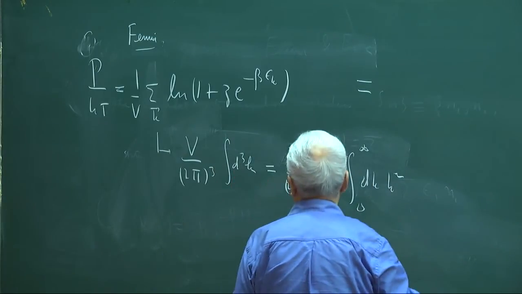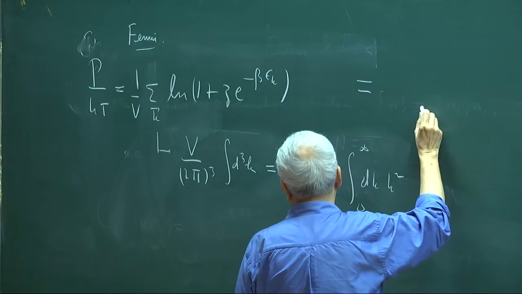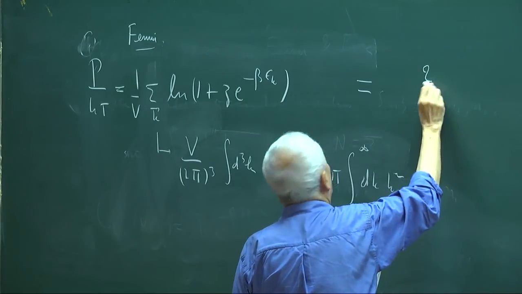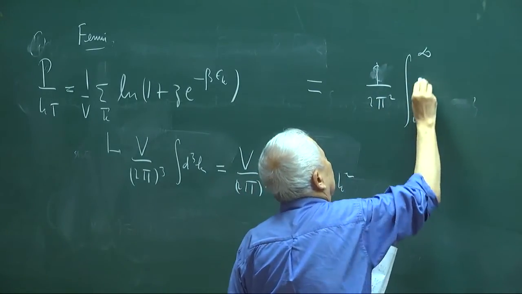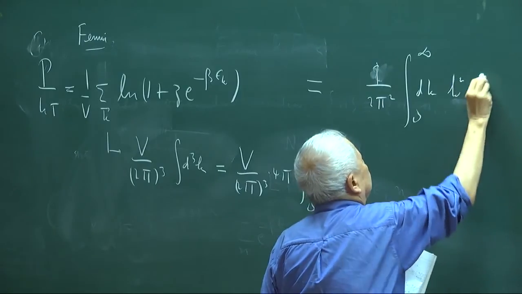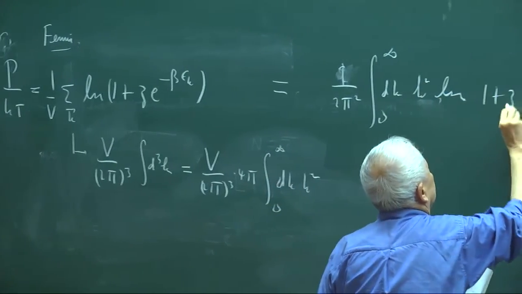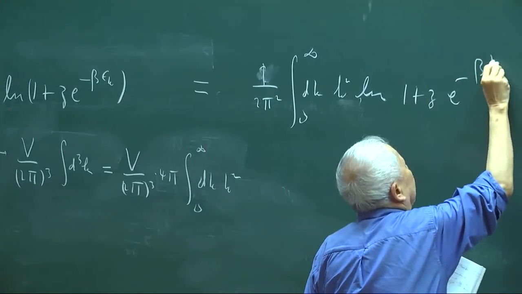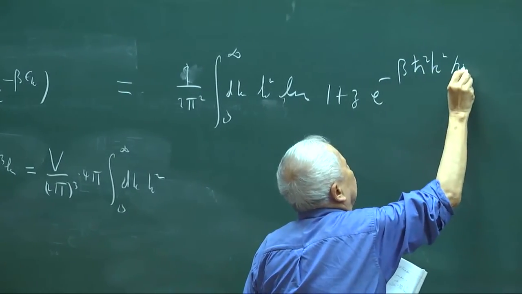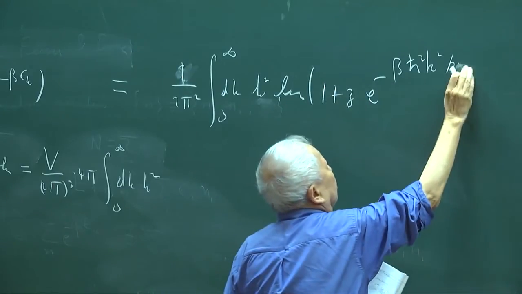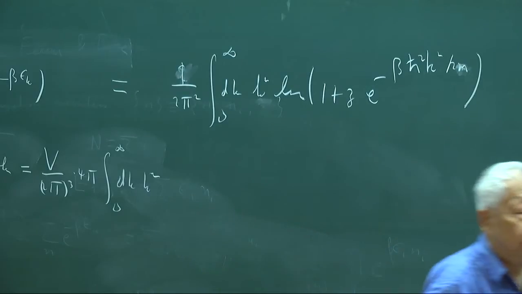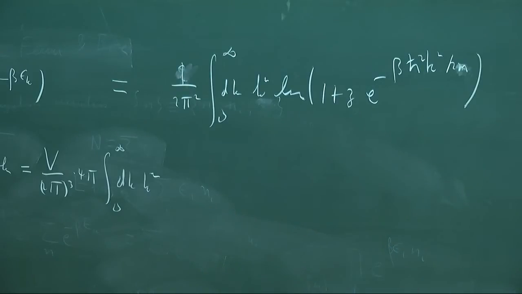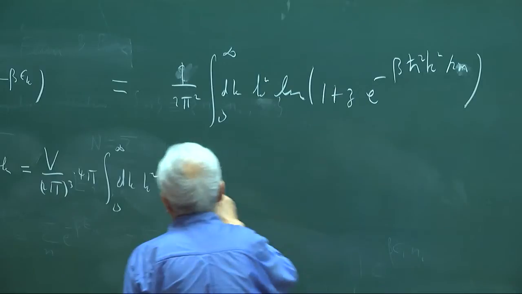You have 2, 1 over 2 pi squared, the integral from 0 to infinity dk k squared log of 1 plus z e to the minus beta h bar squared k squared over 2m. This integral is a transcendental function that you cannot do, so you define a function. What you can do is expand this in a power series.